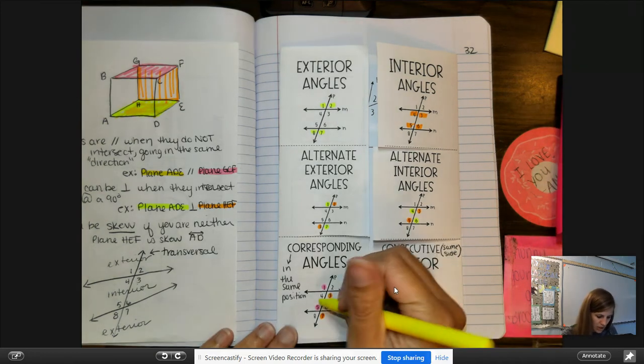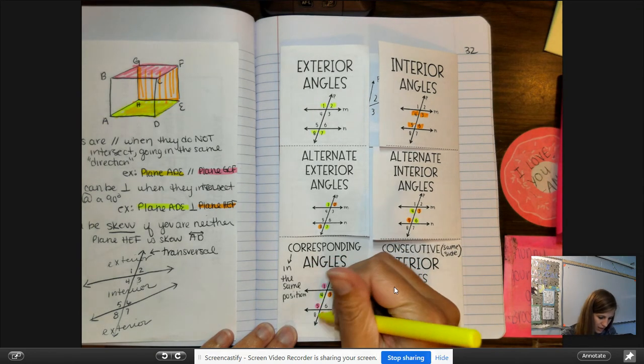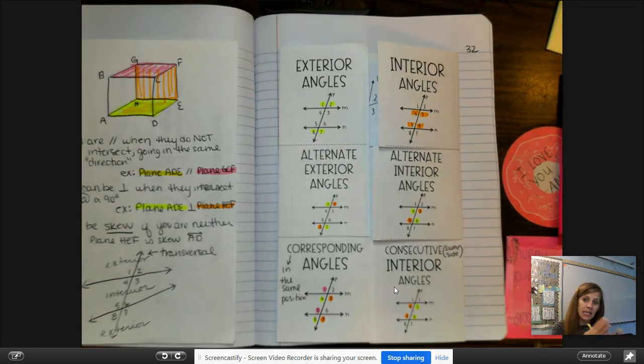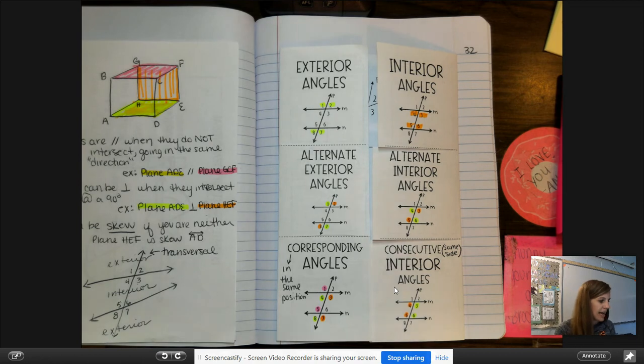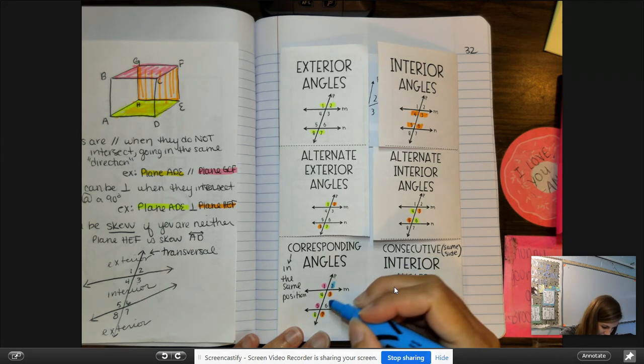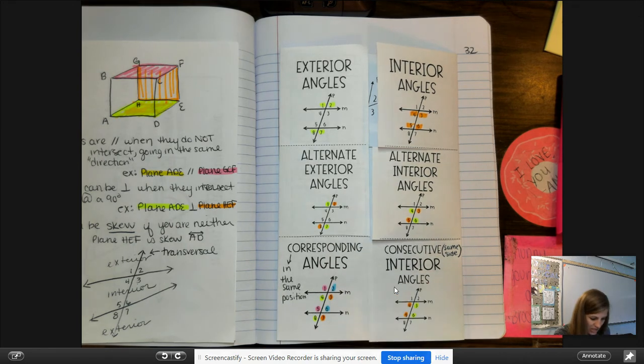We could also do 4 and 8 because they are both below and to the left. And then I don't know if I have another color. Oh yeah, here we go. 2 and 6 would be our last corresponding angle pair because they are both to the right and above.